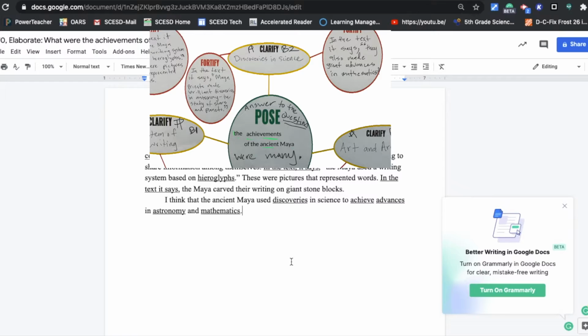So we're going to start with this one first, and we're just going to write in the text it says Maya priests made brilliant discoveries in astronomy, the study of stars and planets, end quotation mark.